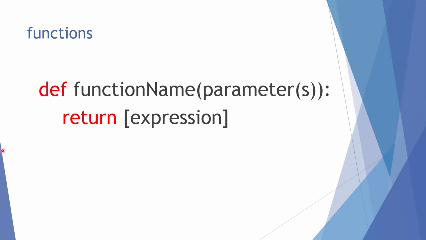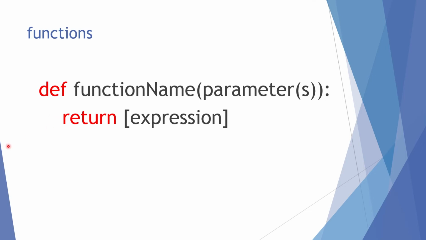Also, if your function does not need to return any value, you can omit the return statement. Also, the code inside of such a function has to be indented with 4 spaces or a tab.